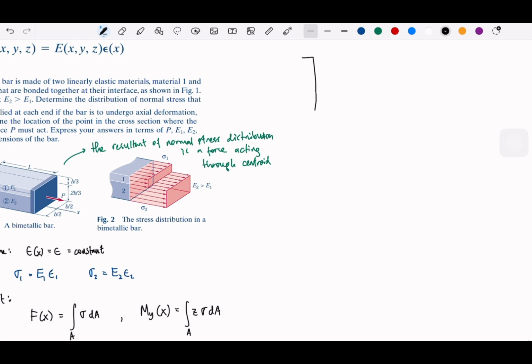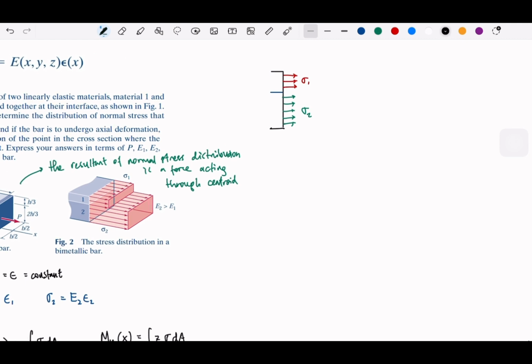Or maybe let me write with green. Okay, and then the resultant based on these two metals. So I will make it from the side view.